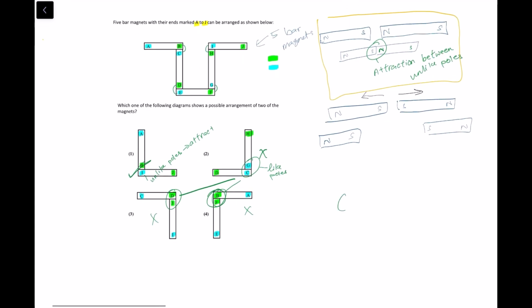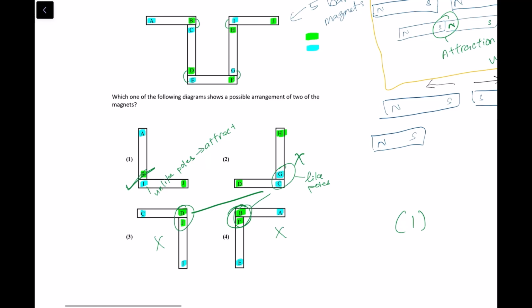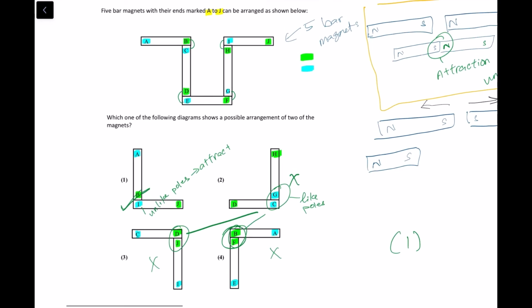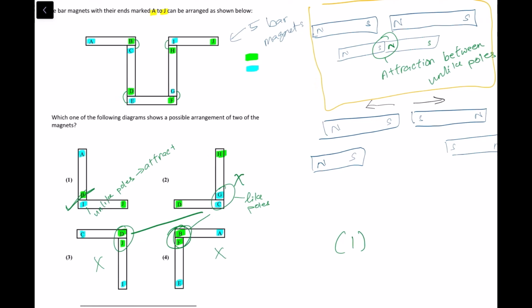So in such scenarios, instead of writing north, south, you can get two erasable highlighters of different colors and practice these kinds of questions as much as you can, so that when it comes to the actual exam, you wouldn't take as much time as you would if you're doing it the first time.